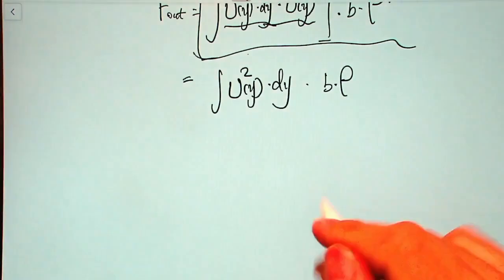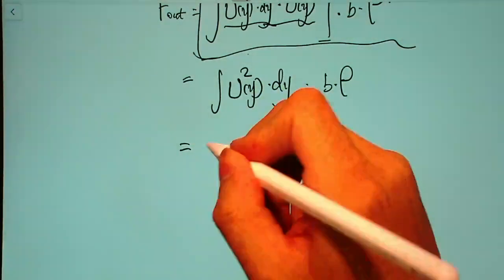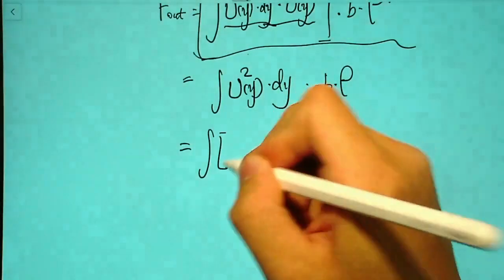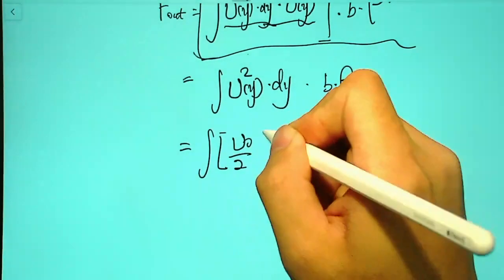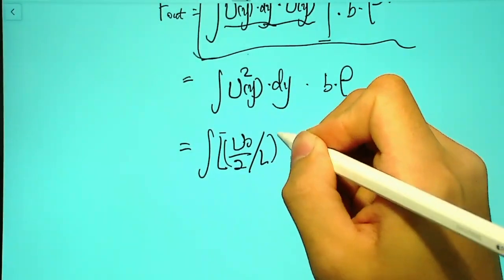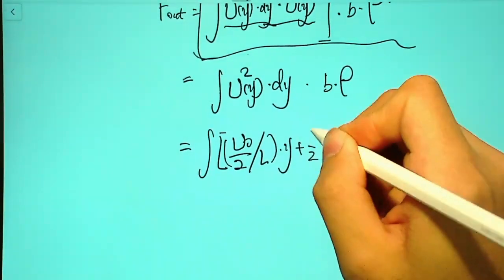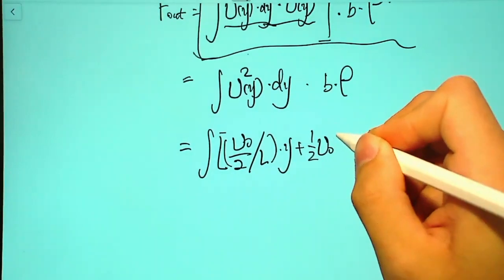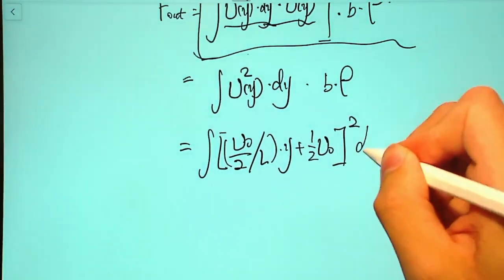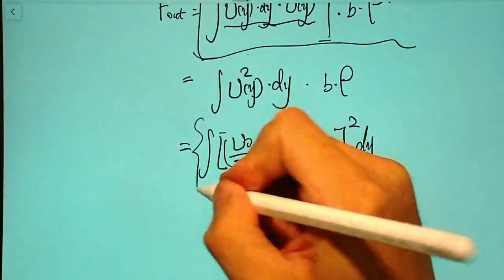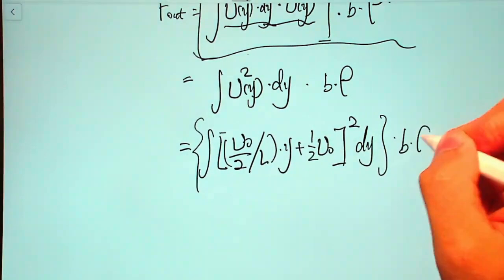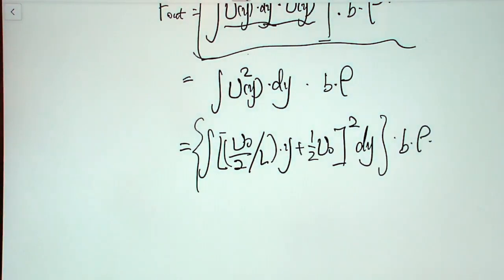So what is uy squared? uy, we already got it, is U0 over 2 divided by L times y plus half U0. And we have a square and dy, and then we times b times rho.